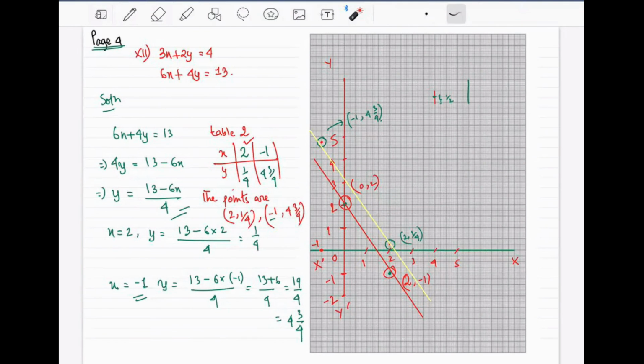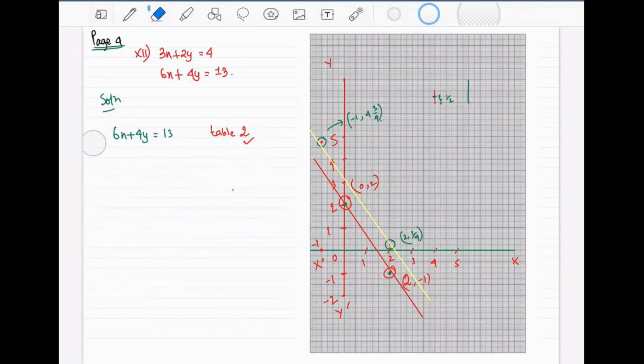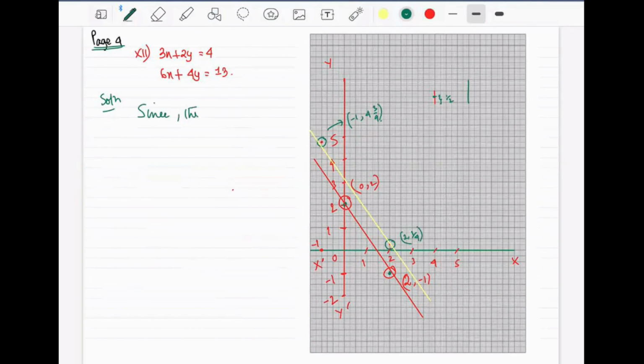Since we are being asked to find the solution, we are going to say that since the 2 graphs are parallel, there is no solution. There is no value of x and y that can satisfy both equations.